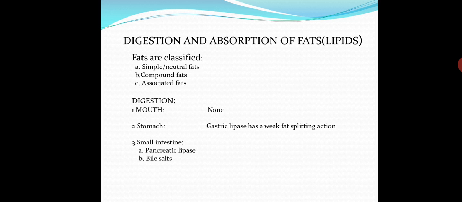Pancreatic juice is markedly alkaline in nature and adjusts the highly acidic chyme to a pH slightly above 7.0, which is the optimal pH for lipase action.